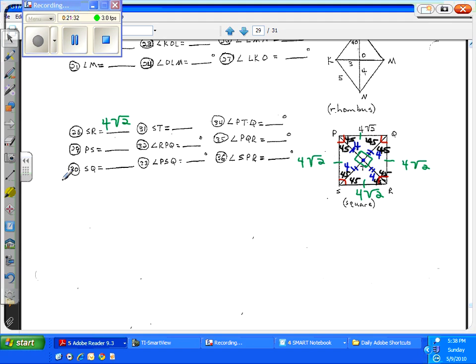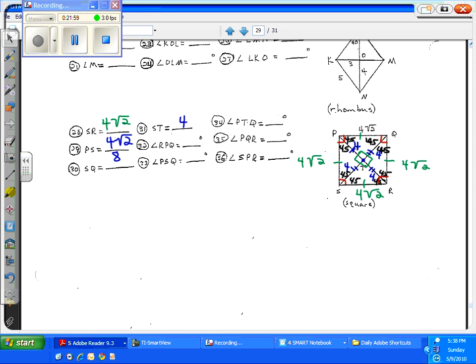PS is the left side, it's also 4 square root 2. SQ, the whole diagonal from bottom left to top right, is 4 plus 4, which is 8. ST, which is half of a diagonal, is 4.